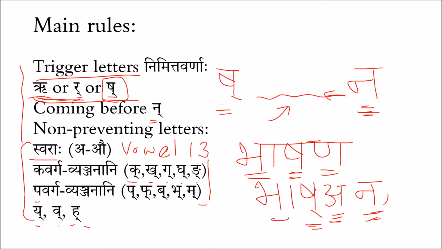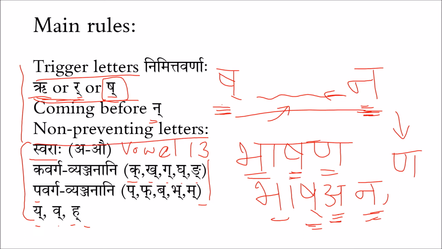One of those 13 vowels, or any of these 13 consonants, if any of those is present in between this trigger letter and the na, then the na will change to Ṇa. These are non-preventing letters.